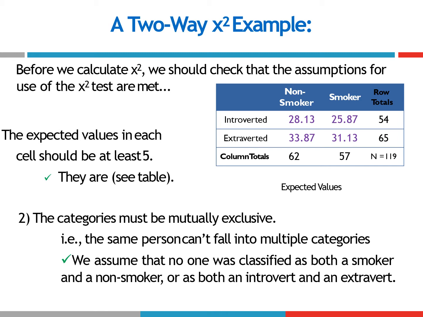Whenever we are calculating anything using categorical variables, we want to make sure that a given value only falls within one of our levels, so the same person can't fall into multiple categories. I think it's correct that we can assume if someone is a smoker, they can't simultaneously be a non-smoker, and they also can't be both an introvert and an extrovert, at least provided that our test of extroversion is reliable and valid. So for now, we have satisfied all of our assumptions.